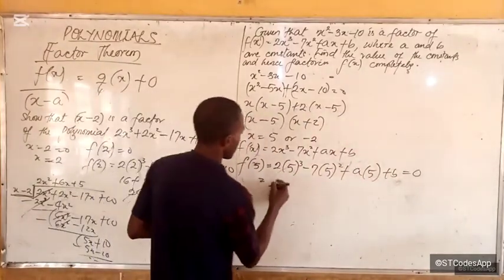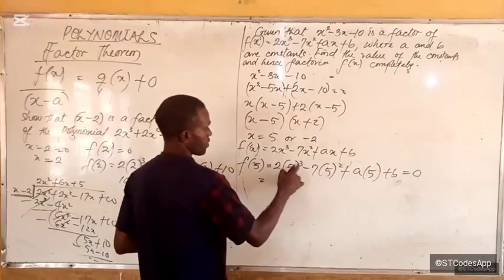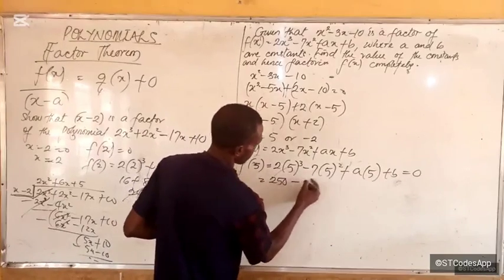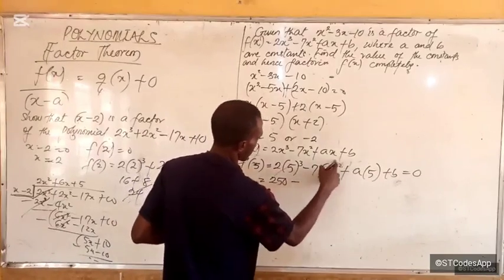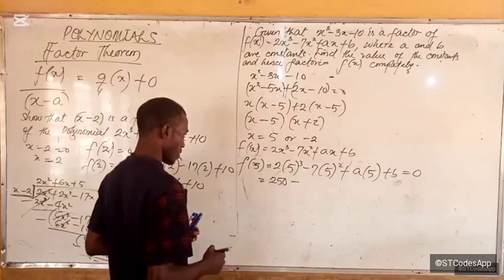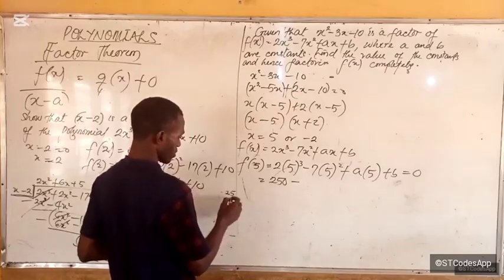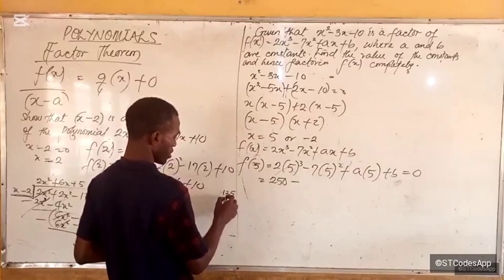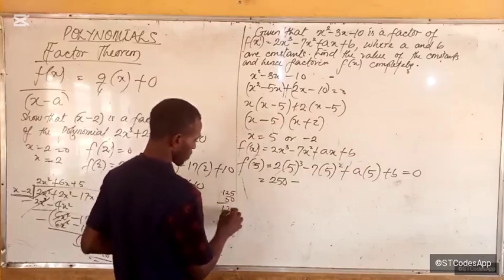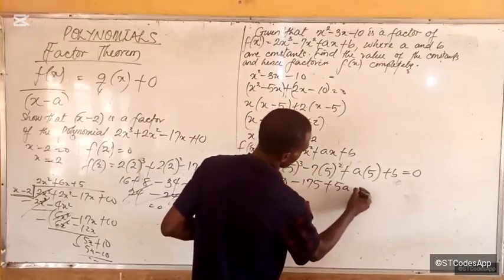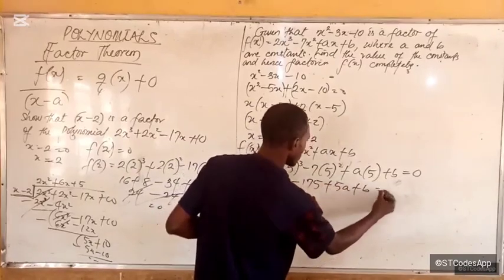Alright, so we have 5 cubed, 125. 125 by 2 is 250. 250 minus 5 squared, 25, by 7. 25 times 7 is 175. So 250 minus 175 plus 5a plus b is equal to 0.